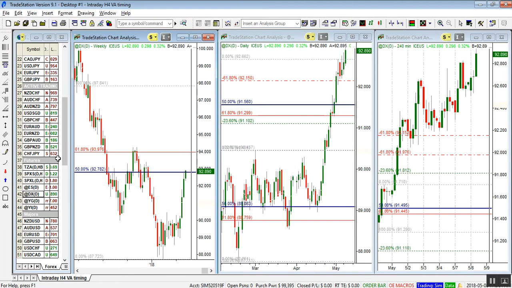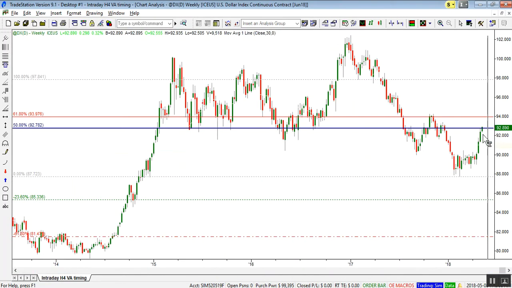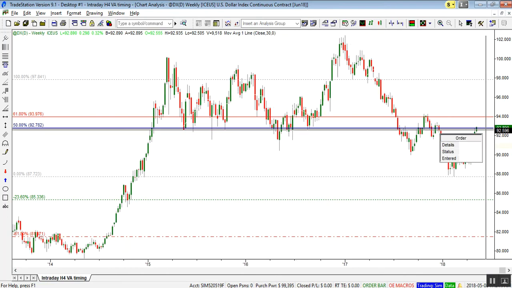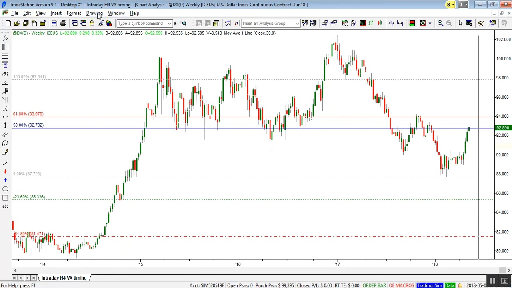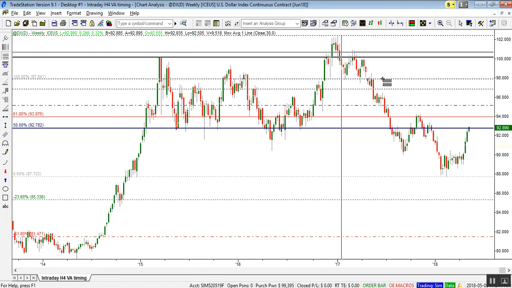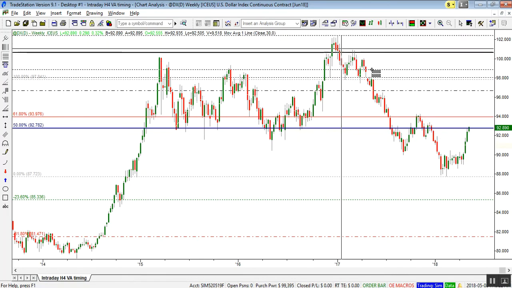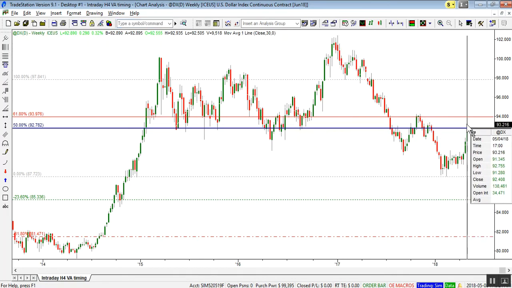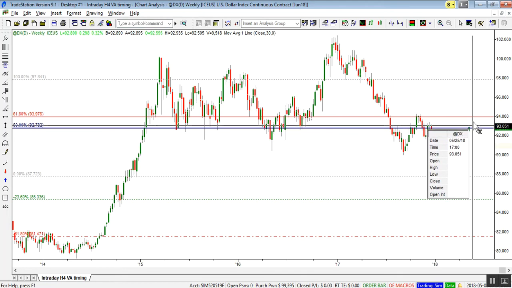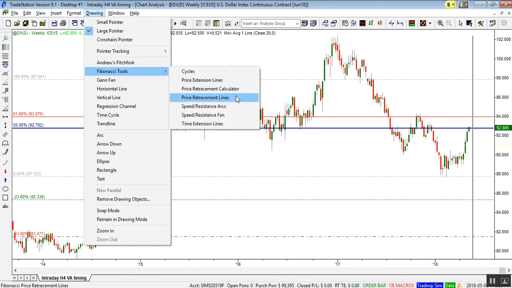We'll start from the dollar index here, and we are witnessing a continued move higher in the dollar index that is now challenging this 50%. This 50% is an extension short from lows to lows. So if this continues higher, the 61% level at the 93.97, 94 area is going to be pierced.